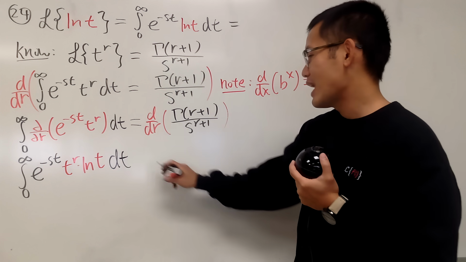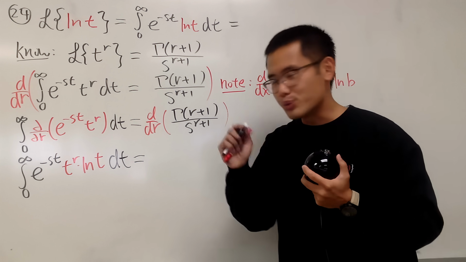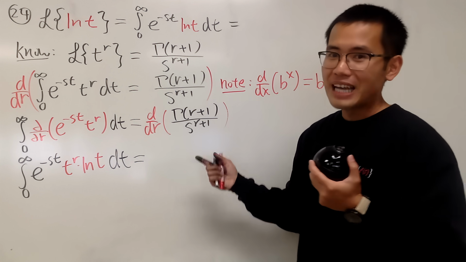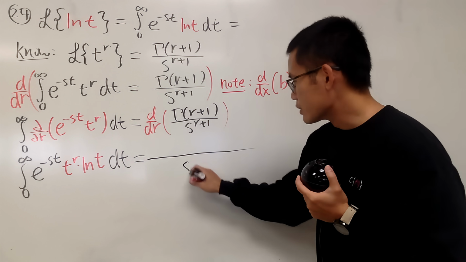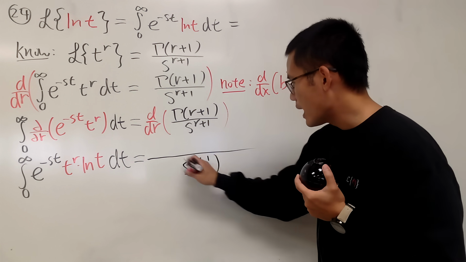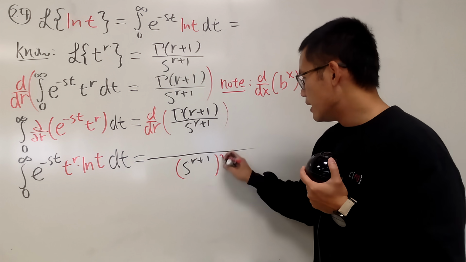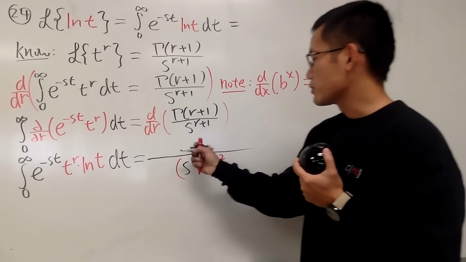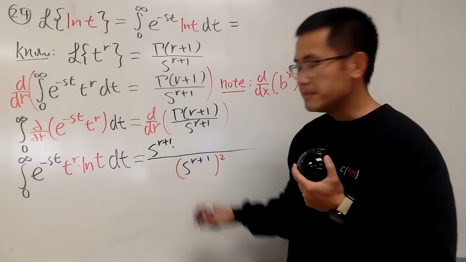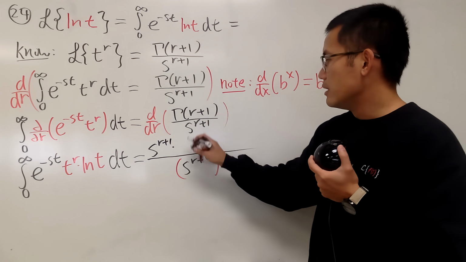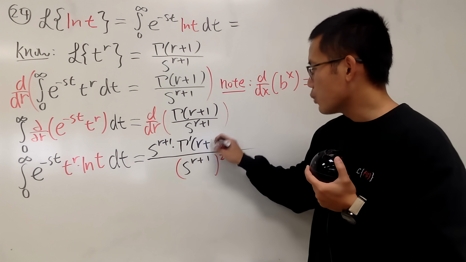Very good. Now, the right-hand side, just go ahead and do the derivative by using the quotient rule, because on the bottom and on the top, they both have r. So now here's the deal. On the bottom, I will have to square it. So s to the r plus 1, and then I will square that. And then on the top, I will put down the bottom function, so it's s to the r plus 1, times the derivative of the top. For now, I will just write down gamma prime of r plus 1.